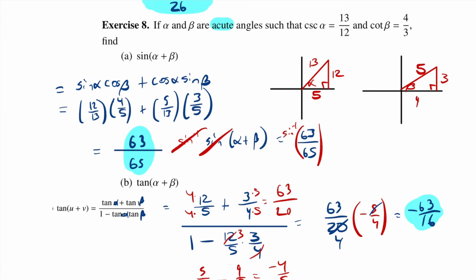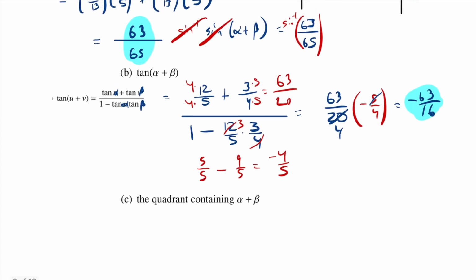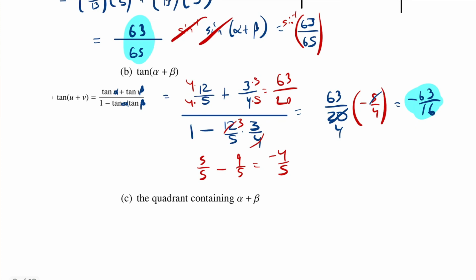So alpha plus beta is approximately 75.7 degrees, and the way I found that out is by doing the inverse sine of 63 over 65, and this is what I got. So that would be quadrant 2. So quadrant 2 is the final answer.